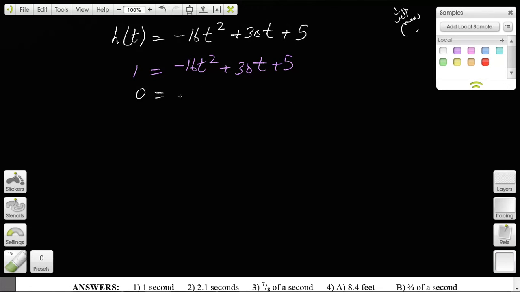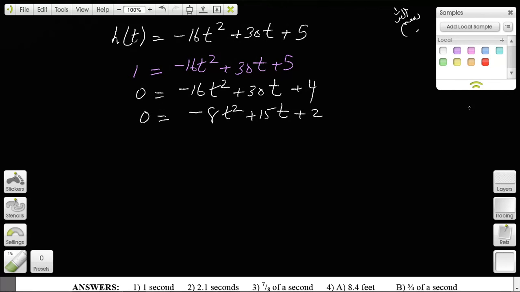So let's do this. I'm going to bring that 1 over here: negative 16t squared plus 30t plus 4. You could divide the whole thing by 2 and make life easy for everybody. So that's negative 8t squared plus 15t plus 2. I divide the whole equation by 2 just to make it easy.